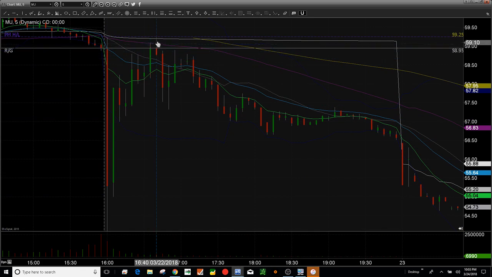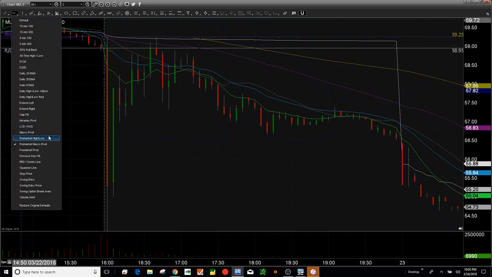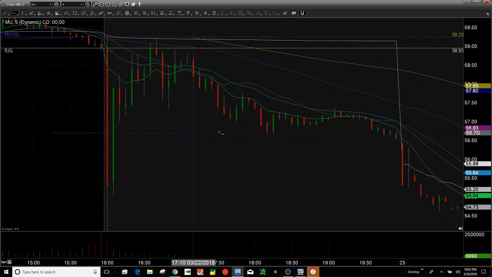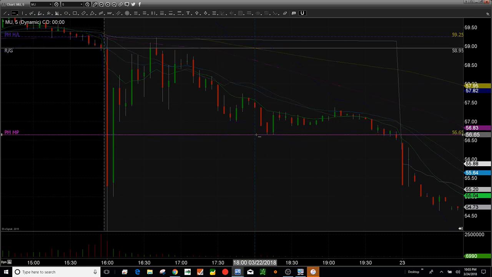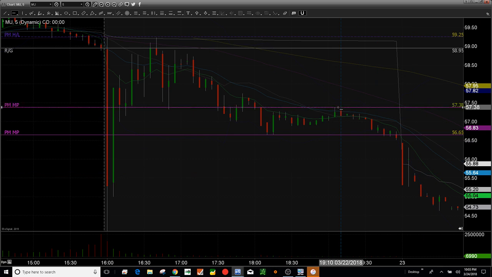It came all the way back above the red to green and then started coming back down again. So I see a couple potential macro pivots here. Right here would be a potential pre-market macro pivot. And as it comes back here and spikes back down and falls, I'm going to mark this as my pre-market macro pivot as well. Okay.